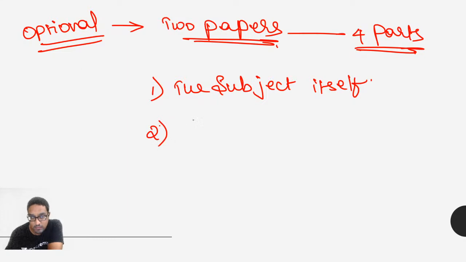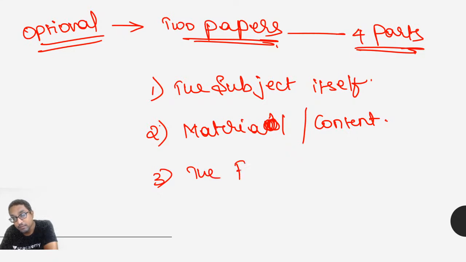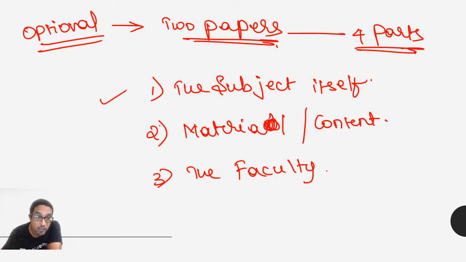The second part is the material or content, the availability of material or content. The third part is the faculty. When you are choosing an optional, it's extremely important you take a checklist of this. You have to keep a track of what you are trying to learn.